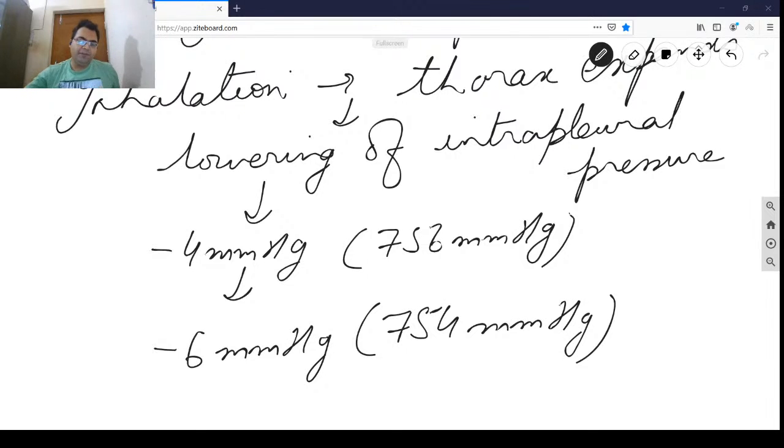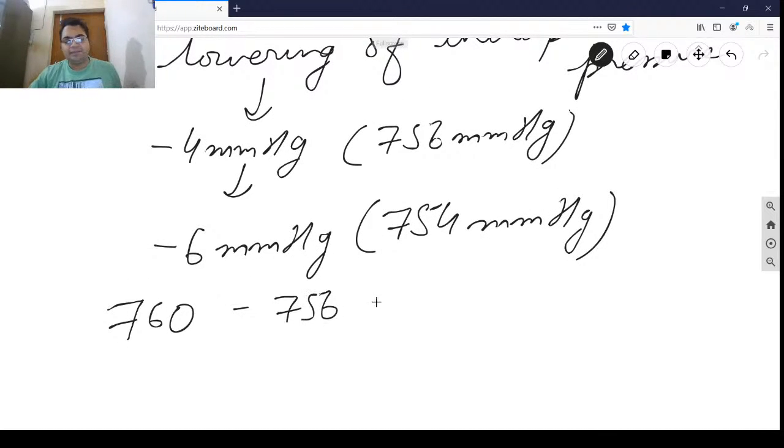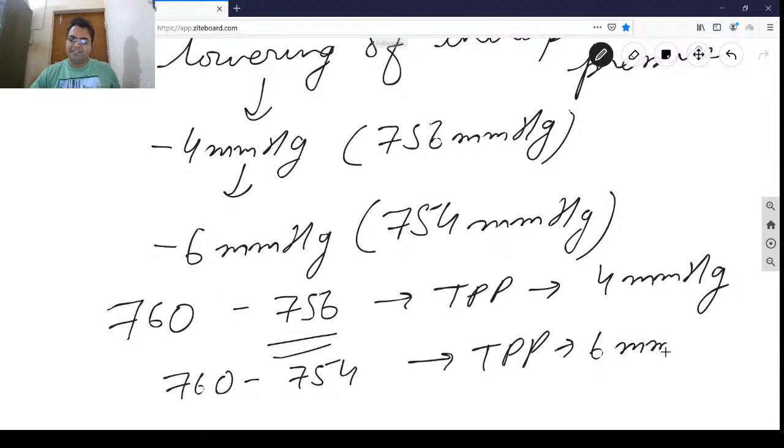Suppose alveolar pressure at rest was 760 minus 756, so TPP or transmural pressure here was plus 4 mmHg. Now it has decreased even further: 760 minus 754. Now it has become a TPP of 6 mmHg. So TPP has increased or not? TPP has increased.